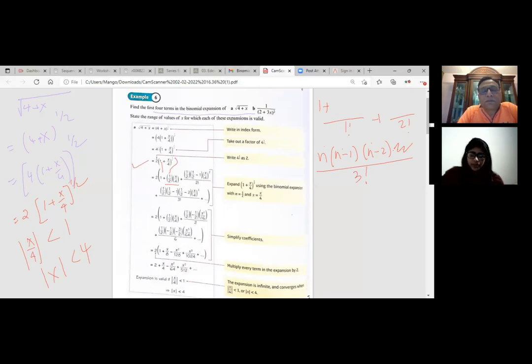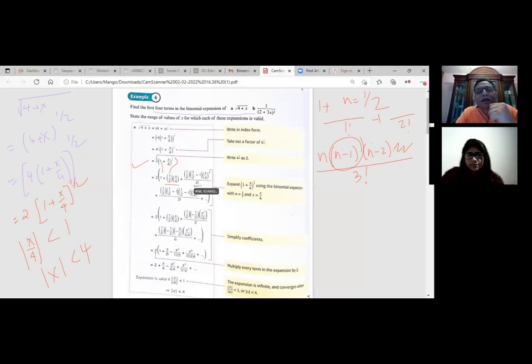The second term is half minus 1, that is n minus 1, because n is half for you. Since you have used 2 numbers in the product, half and half minus 1, you have 2 factorial in the denominator.